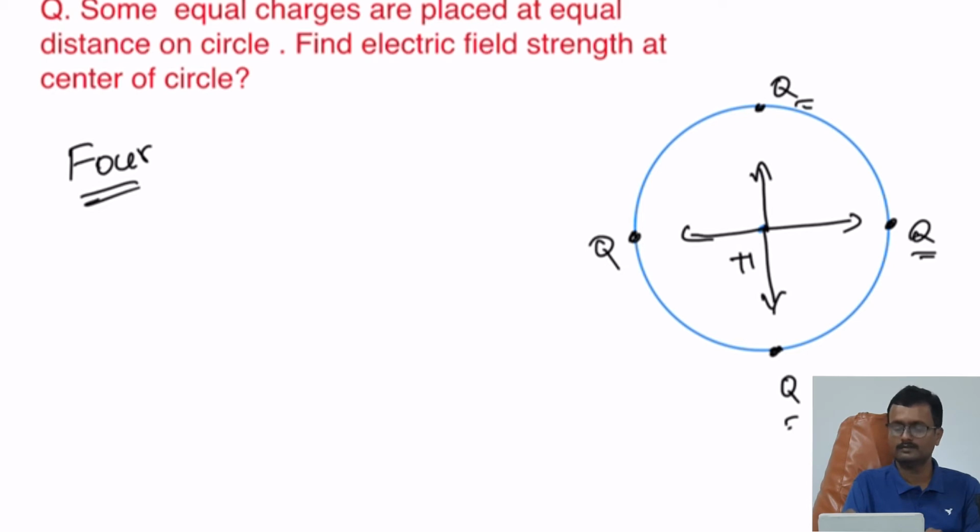See here, all vectors have the same magnitude. Suppose I take these two, both are in opposite direction, so the resultant is 0. Here also these two vectors have the same magnitude E and E and both are in opposite direction and the resultant is 0. So for 4 charges, the resultant vector is 0.